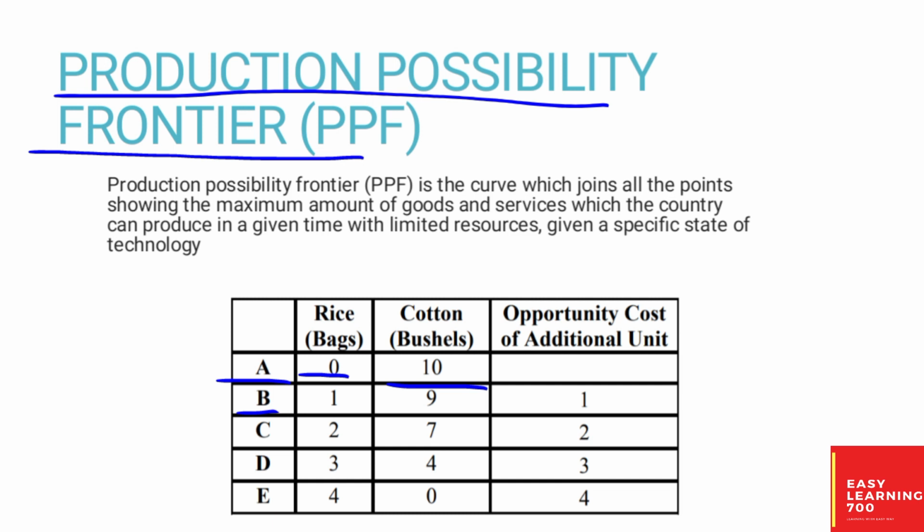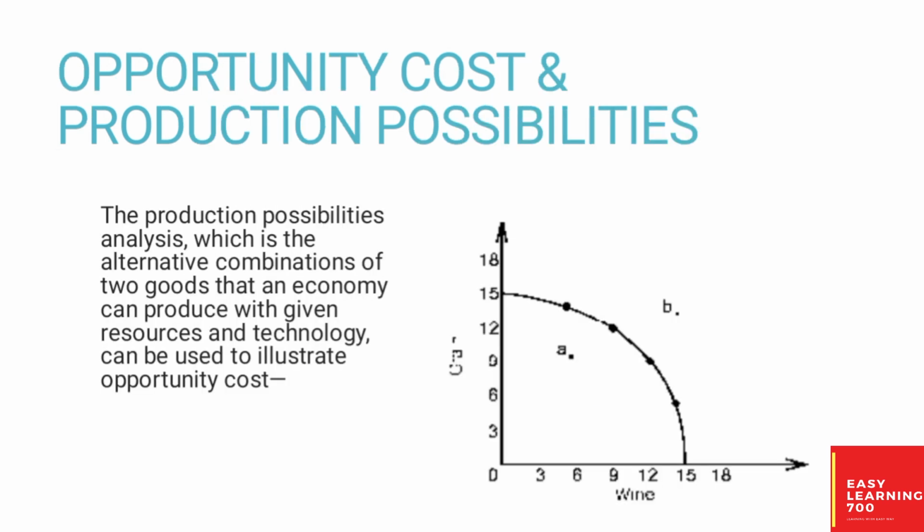And in the last one, E, the rice bags are 4 units, while the cotton bushels are 0. So the opportunity cost of the additional unit in E is 4. So here you can see the opportunity cost and production possibilities.